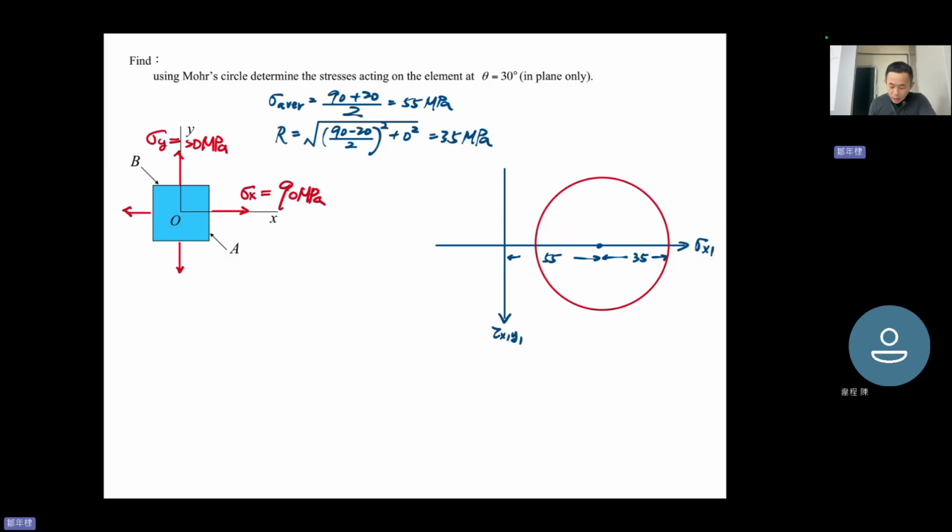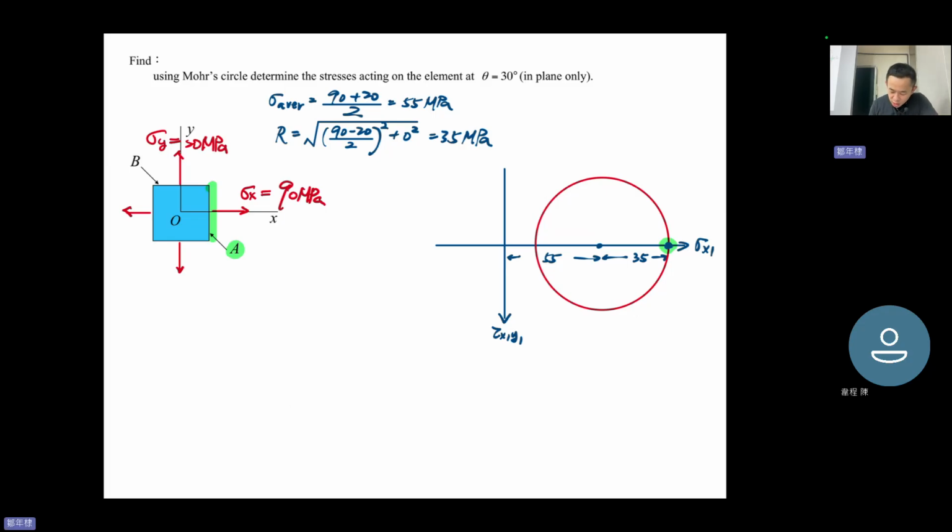Okay, and we need to determine where theta equal to 0 is. Where is theta equal to 0? Here, A plane. Why?